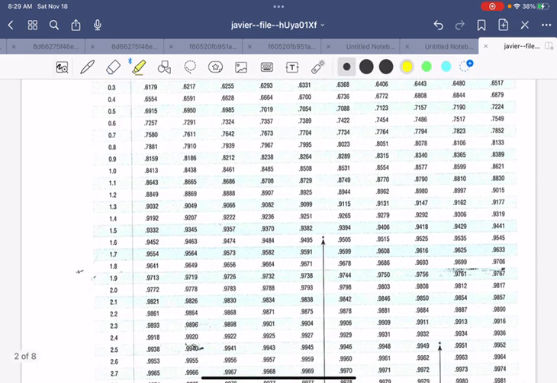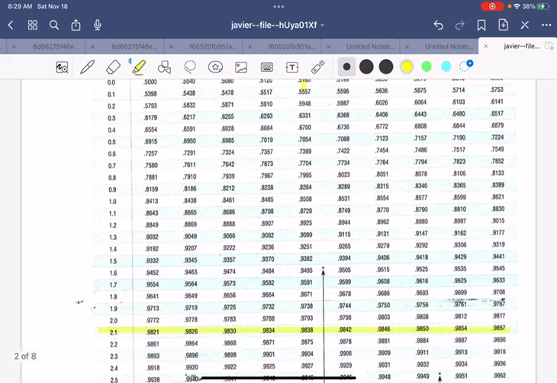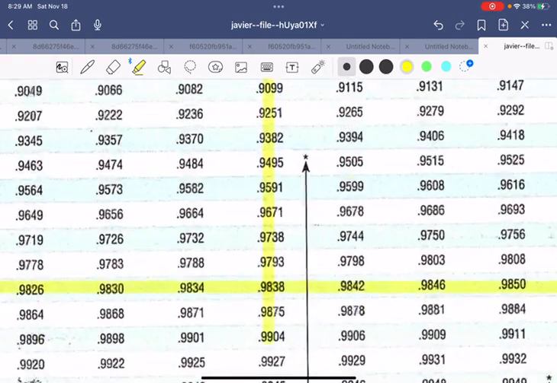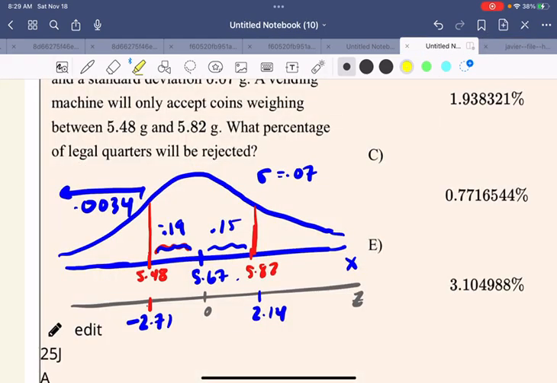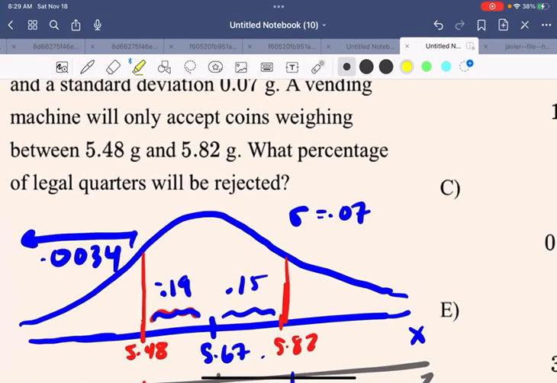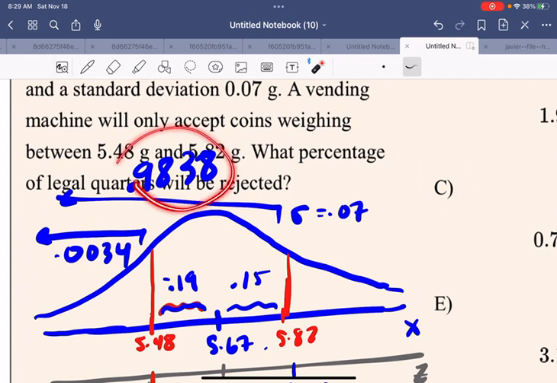So I know I'm going to be looking at this row, and 2.14, this column. So there it is, 0.9838. So 98.38% of the area lies to the left. So I know 98% of the area lies here, and 0.34% lies left of here.